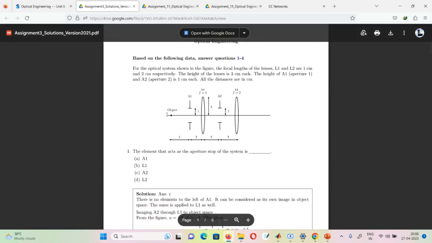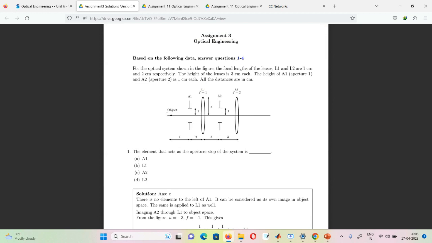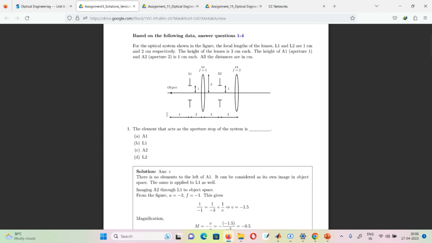Not a particular question, sir, like briefly, can you recap the things? Yeah, that I'm saying. What will be the aperture stop?